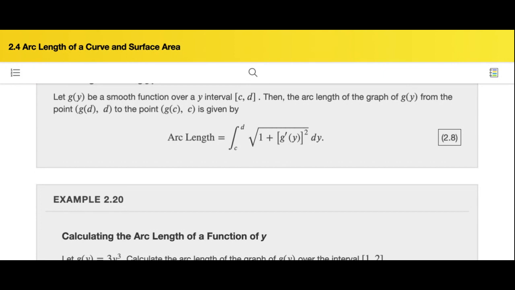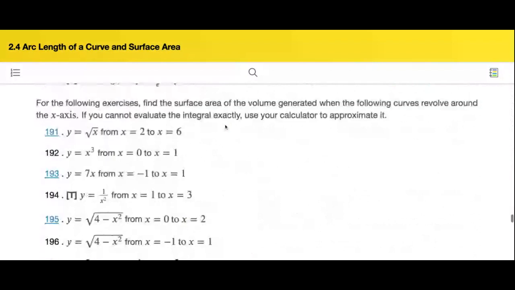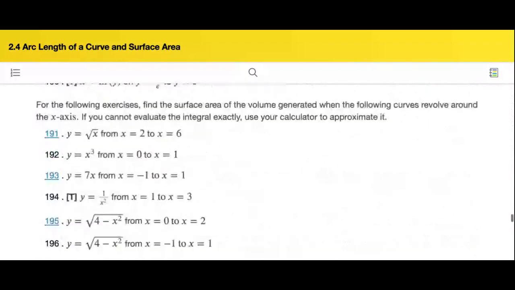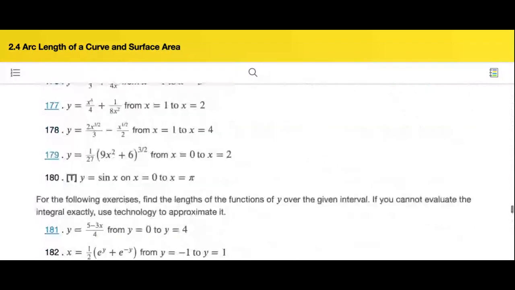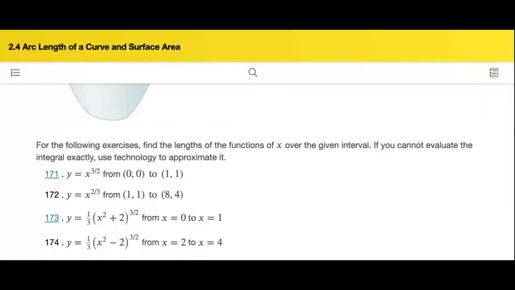That's why the question said, okay, let's go back to the question. I think you did it right, just the last one. If you cannot evaluate the integral exactly, use technology to approximate it.